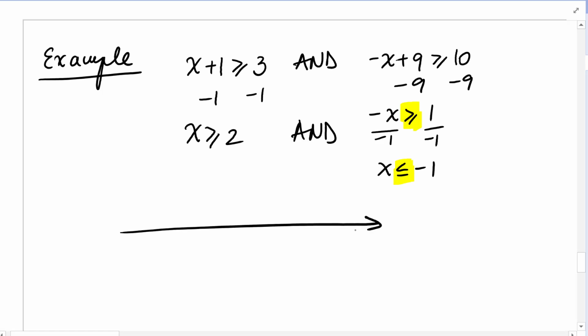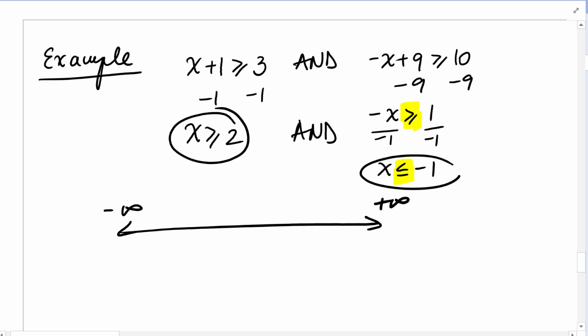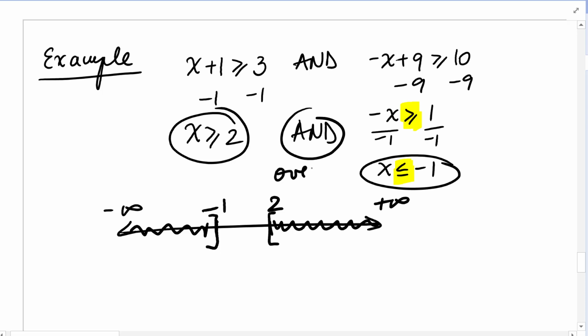Now to graph it, number line, and then we put the numbers, so x greater than or equal to 2 and x less than or equal to negative 1, so negative 1 comes first, and then 2. Greater than or equal to 2 means we're going to shade to the right of 2 and we put a bracket. Less than or equal to negative 1, we put negative 1 and we shade this one. Now, and means overlap.